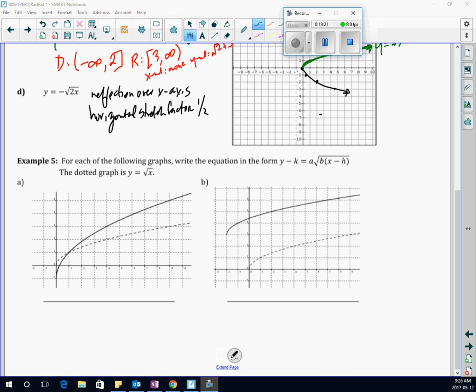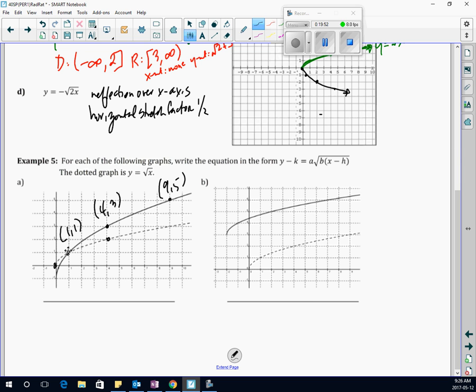Okay. What's happening here? It's going there. 4, 3. 9, 5. 4, 3. 1, 1. And it was 0, 0.